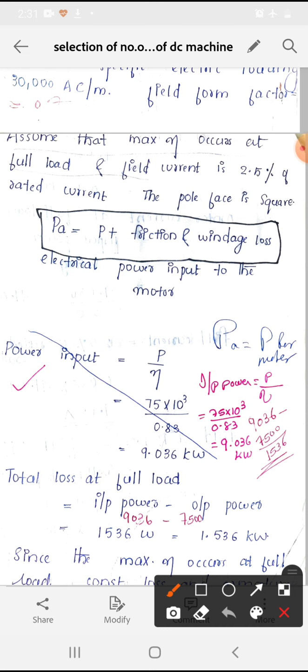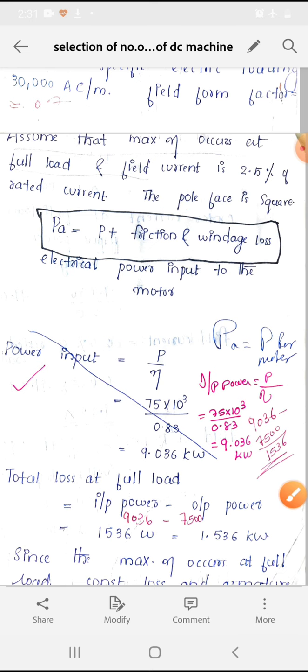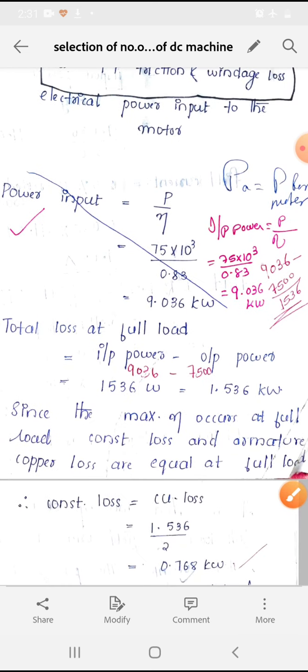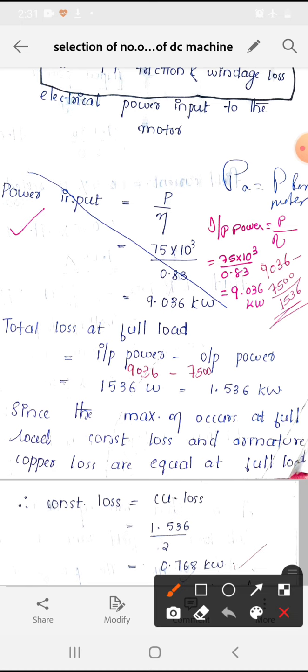Next, we have to find out the friction and windage losses. For that, first we are going to find out the total loss at full load, that is input power minus output power. Input power is obtained as 9036 minus output power given as 7500.